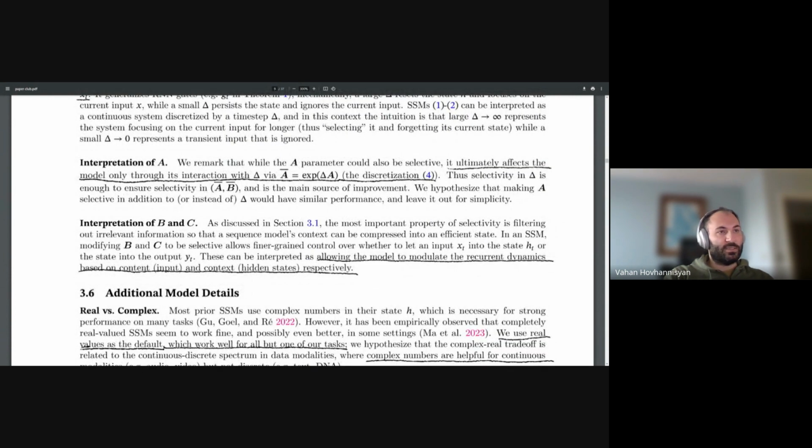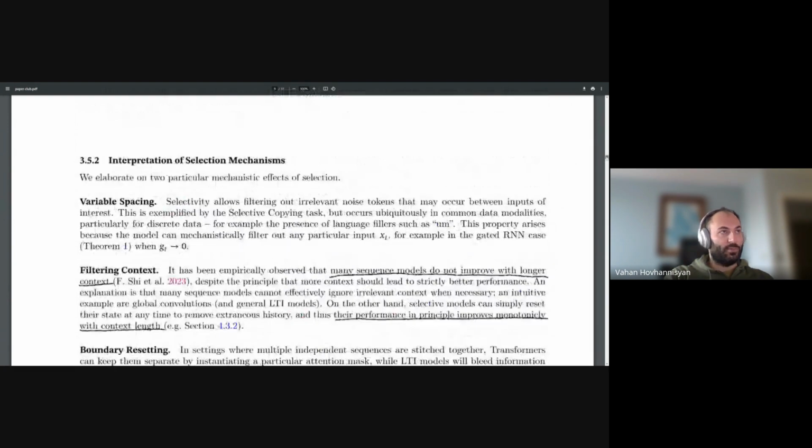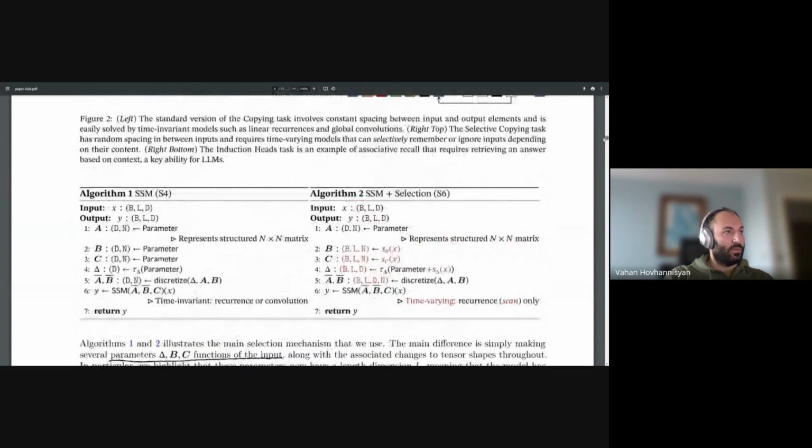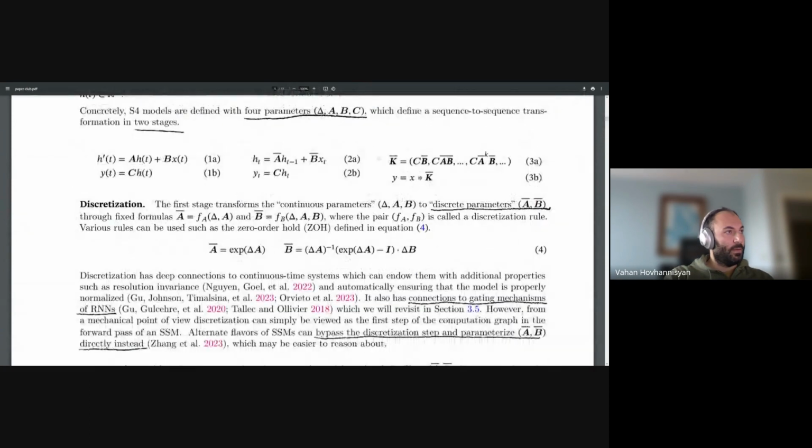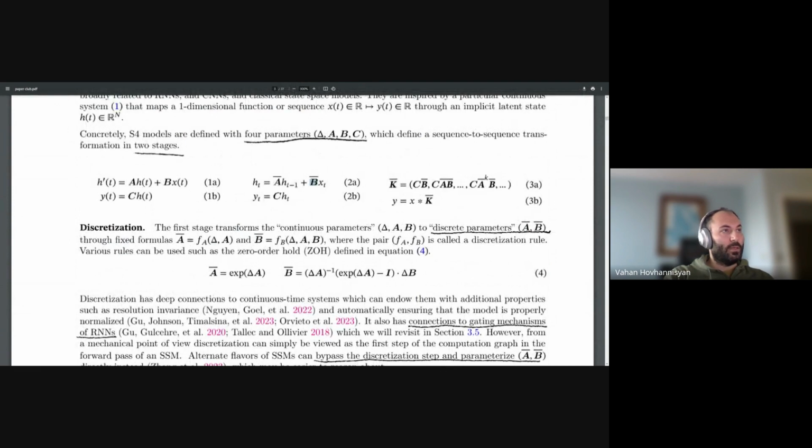B and C control the recurrent dynamics, right? If you go up here in the formula, B and C control the recurrence. They are the parameters for the current input, but also to get y from the last hidden state.